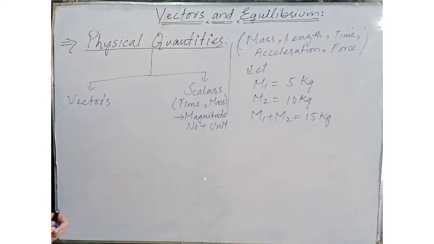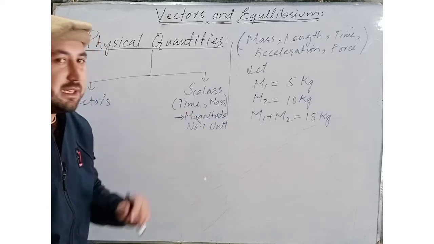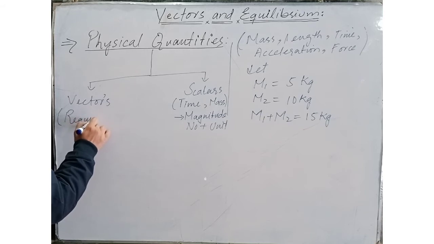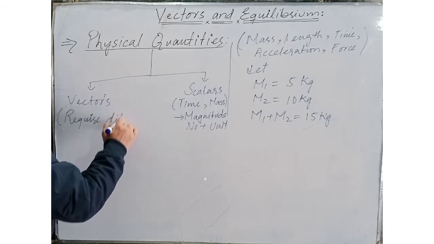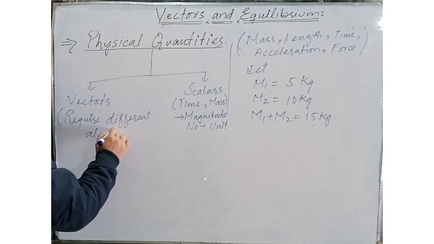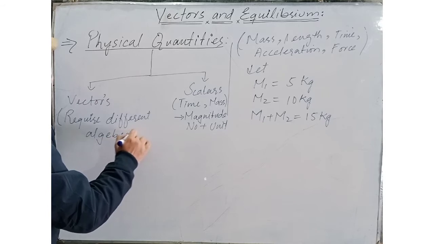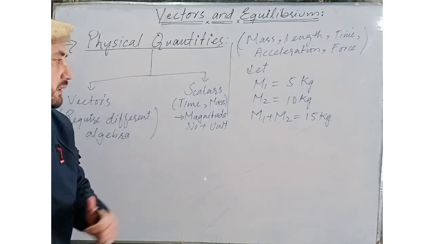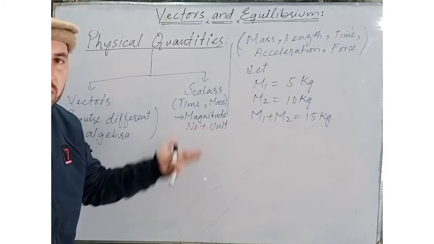Okay. Now, on the other hand, we are having vectors. These are such physical quantities which cannot be operated using ordinary algebra. So these require new or different algebra. Now, why do these kinds of physical quantities require different algebra, while other quantities can be operated using ordinary algebra?